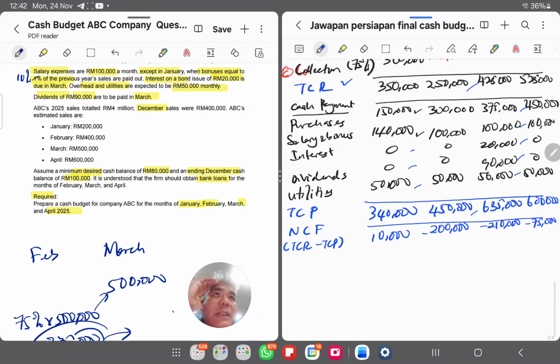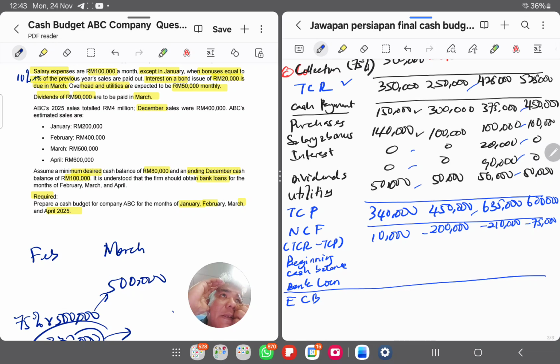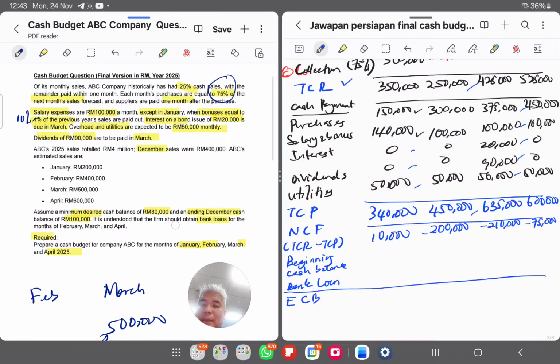So the next rows are beginning cash balance, BCB, and then bank loan, and then ending cash balance. The beginning cash balance you get from the 100,000 here.